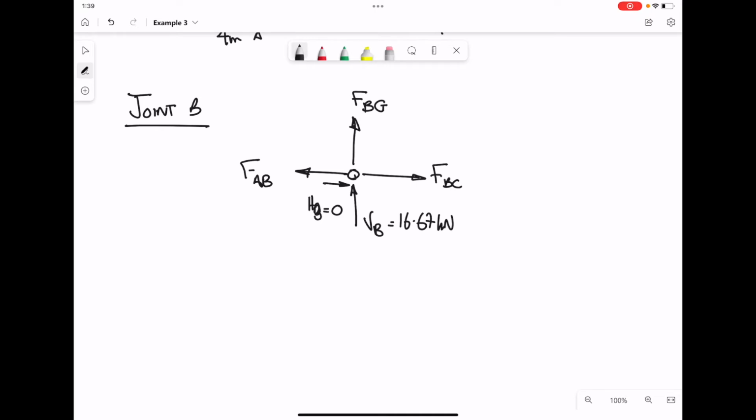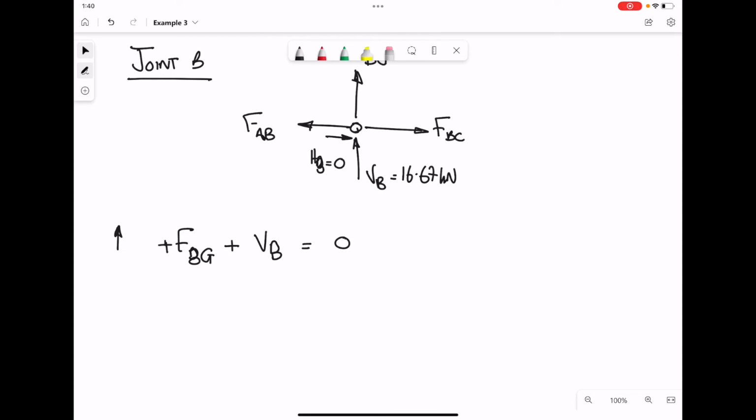Resolving the forces vertically at this joint, we have force BG acting upwards plus force VB. For equilibrium, they must add up to give you 0. Fill in our value for VB and rearrange our equation.